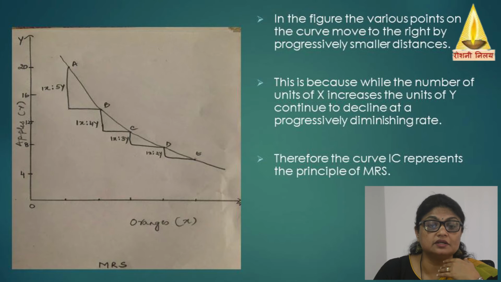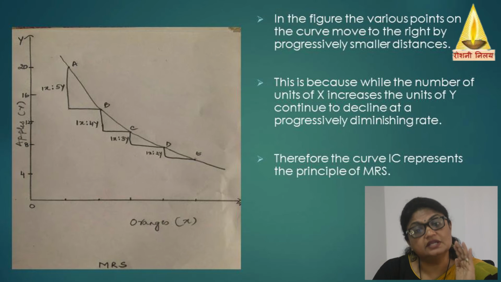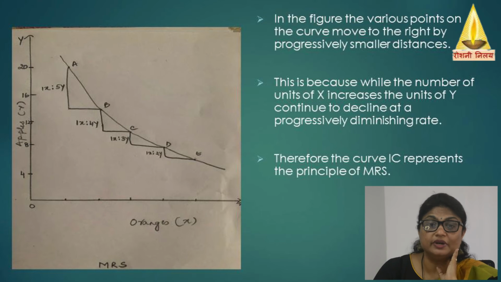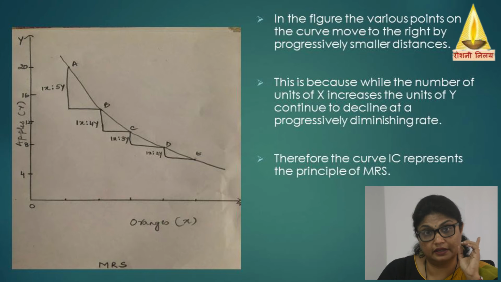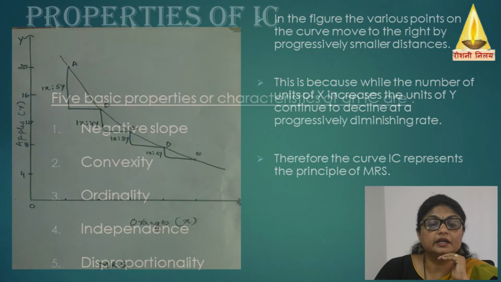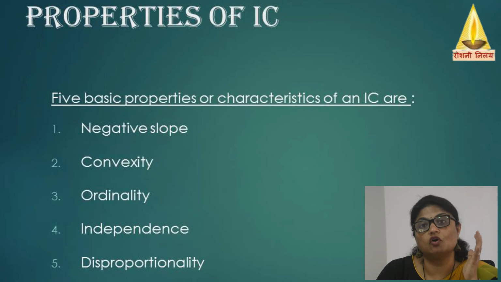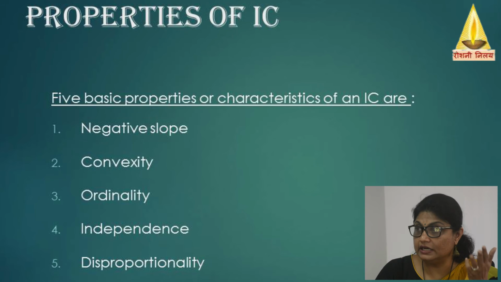And this is the reason why you get the same level of satisfaction. Now, this marginal rate of substitution is the reason why the diminishing indifference curve is a downward sloping curve. Now, there are 5 properties of indifference curve: negative slope, convexity, ordinality, independence, and disproportionality.